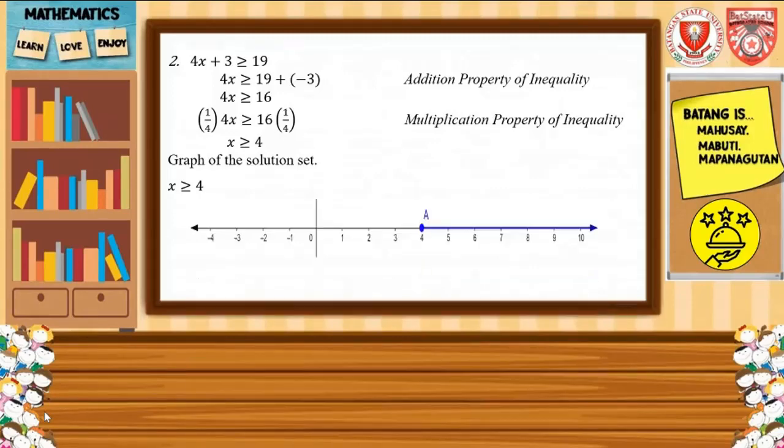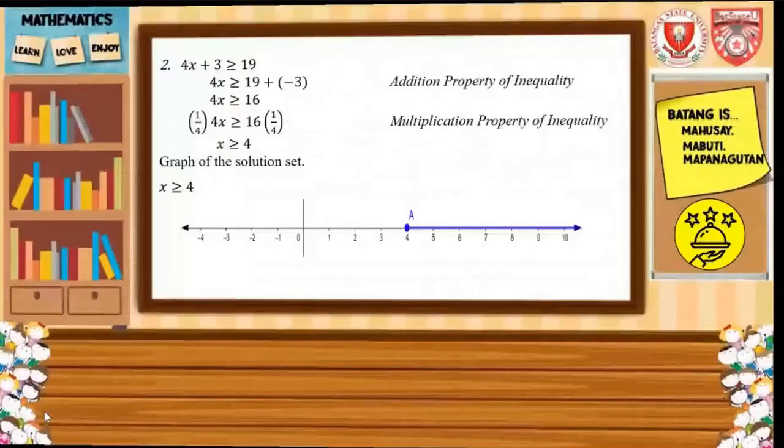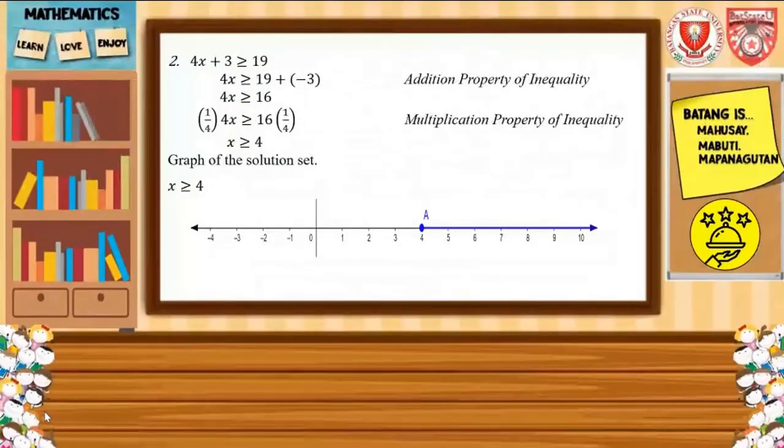Our solution here uses the solid point, because with greater than or equal to, we use a solid dot. Always remember, if we have greater than or less than, we use the hollow point for the solution.